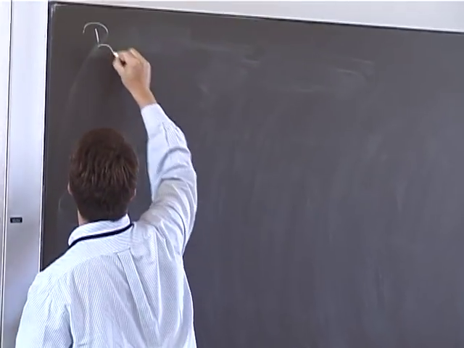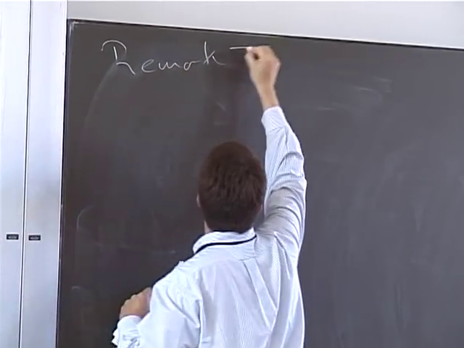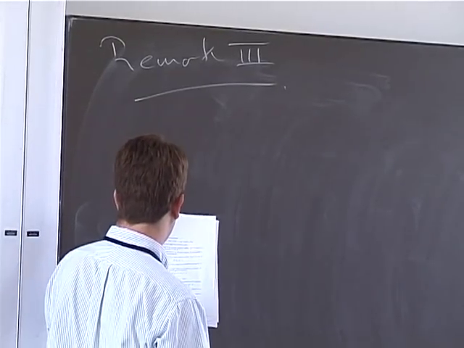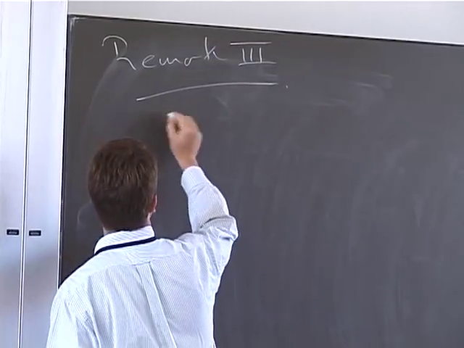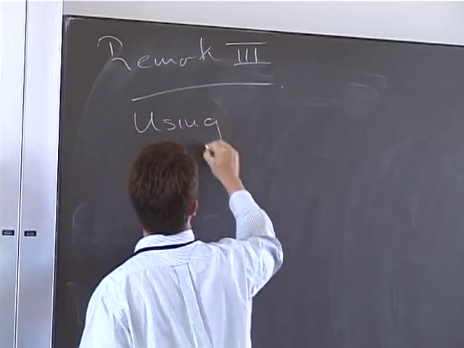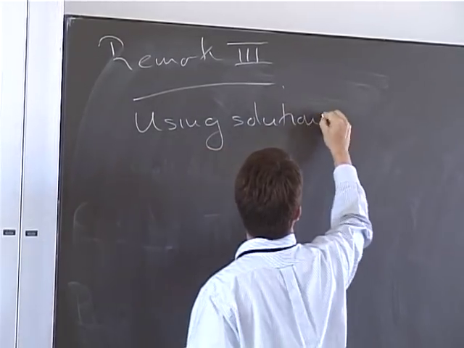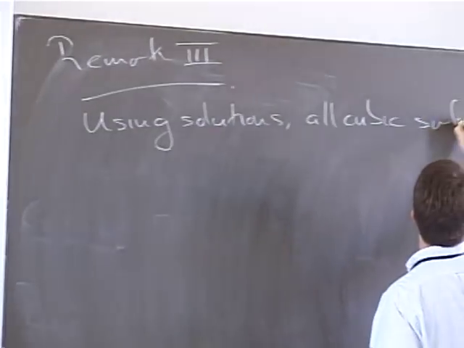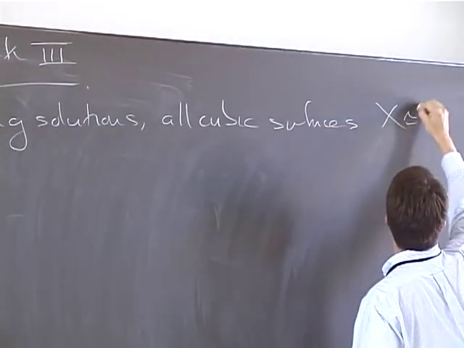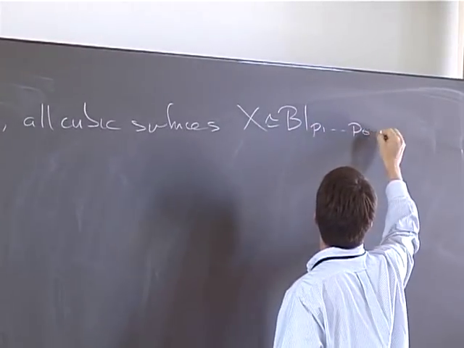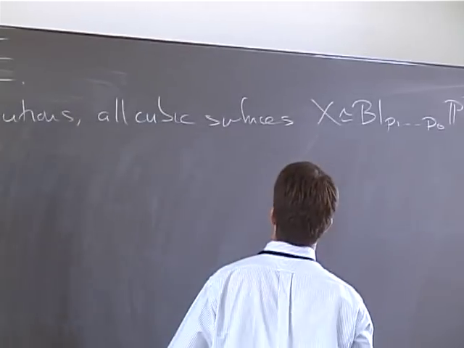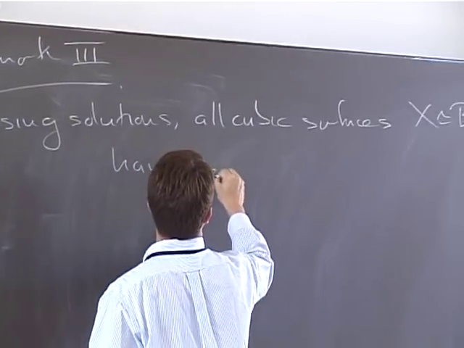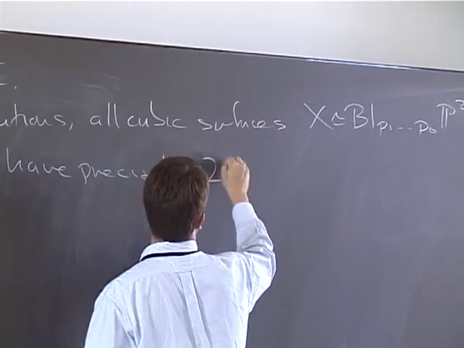So the last remark is that, using these solutions, all cubic surfaces X which arise as a blow-up of 6 points have precisely 27 lines.